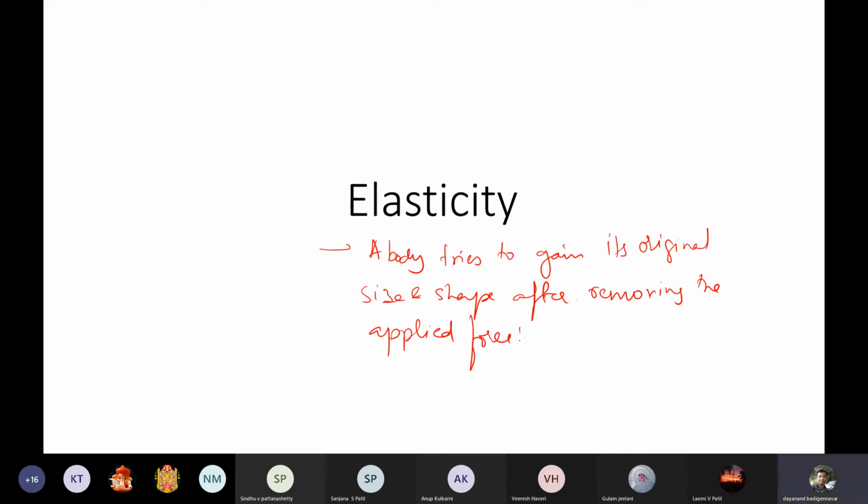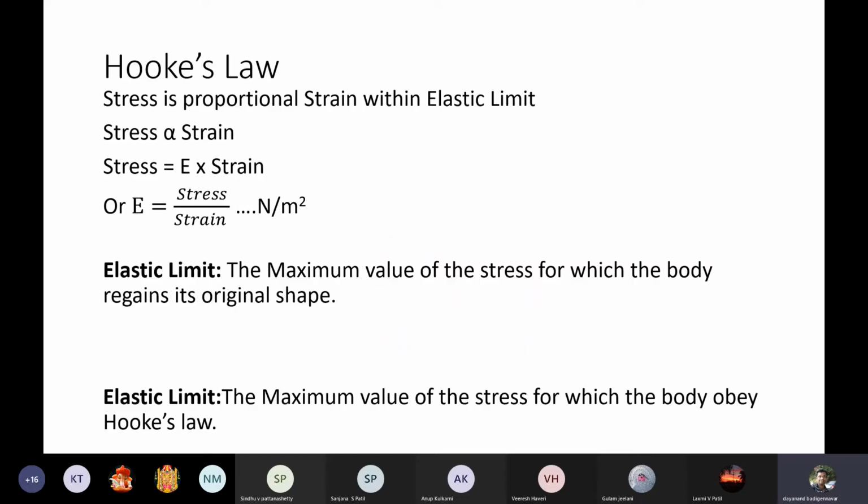This tendency to regain its original shape and size, we call it elasticity.